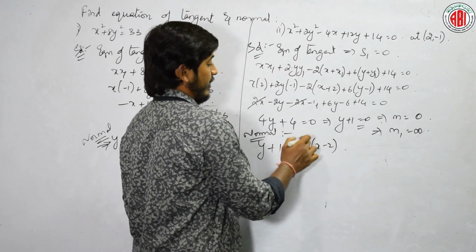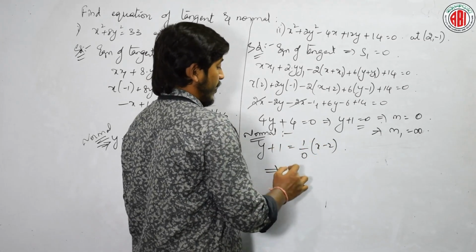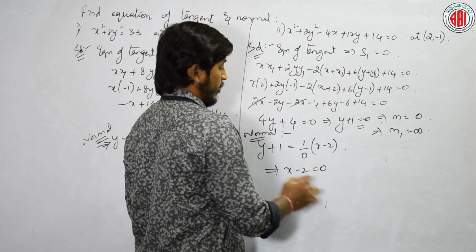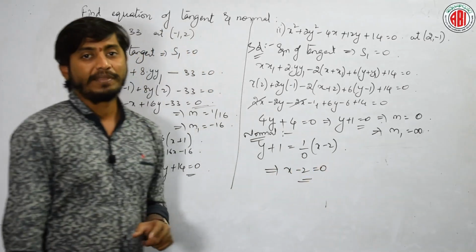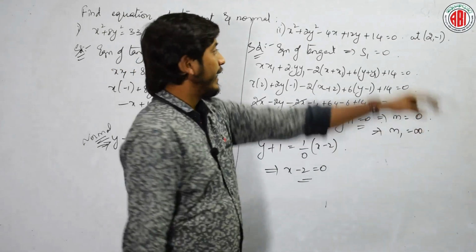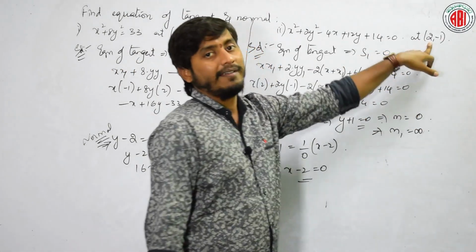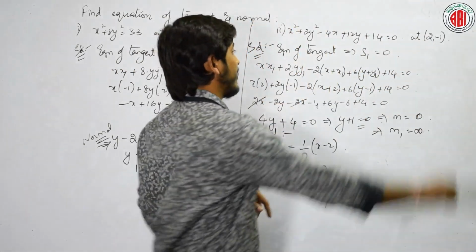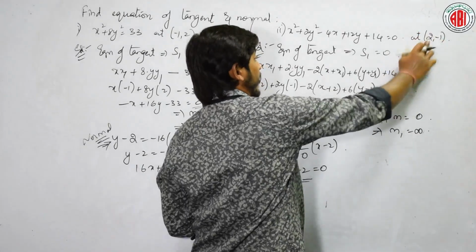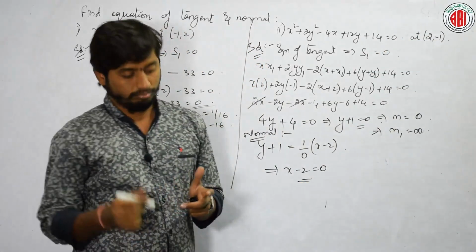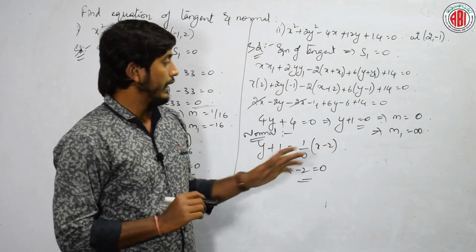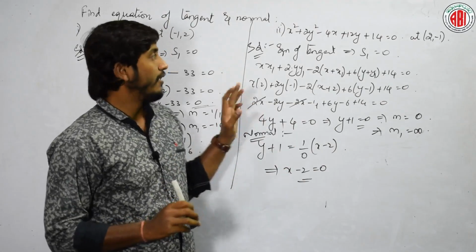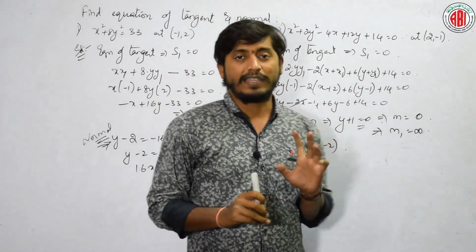Obviously, let us write this in the form of 1 by 0. The equation is x minus 2 equal to 0. This is my normal, right. If you observe, at this point we will have both tangent and normal. Obviously, here the tangent is y equal to minus 1 and the normal is x equal to 2. Is it? Is it fine? Fine. This is how we will find the tangent and normal.